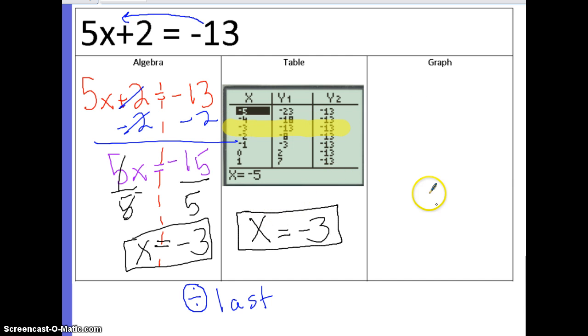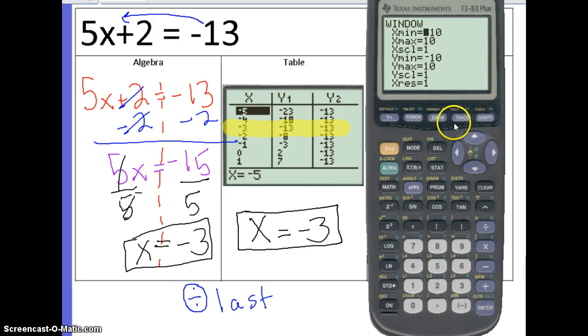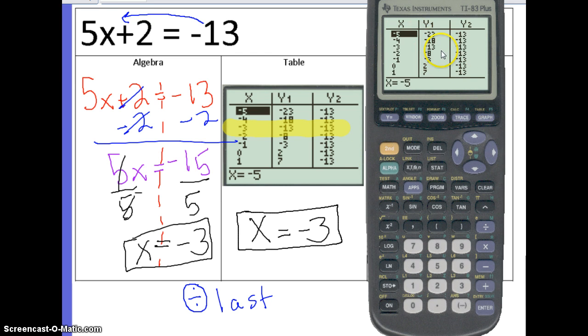And then now I need to do the graph. And I can see that the solution, negative 13, is below the bottom part of my range. All right, so if I push window here to get to the domain and range, again, the solution is negative 13. Down all the way to negative 13. So if I push graph, I wouldn't expect to see the intersect.